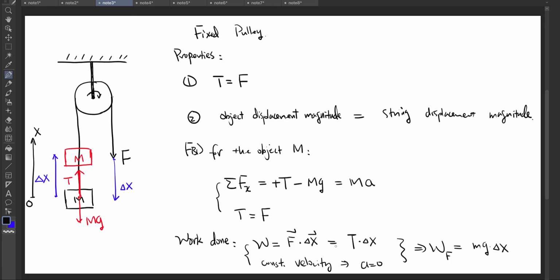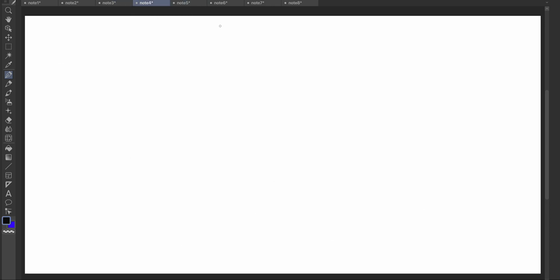So mg is equal to the tension force from this equation. So that's why the work done by the pulling force is equal to the gravity times the displacement. Okay, and then later on we're going to compare this work to a movable pulley. So that's the next topic.